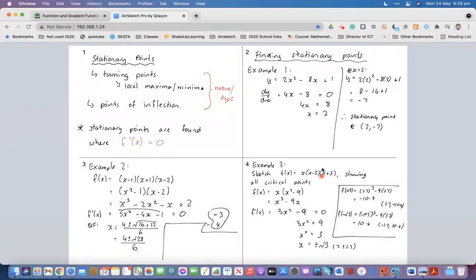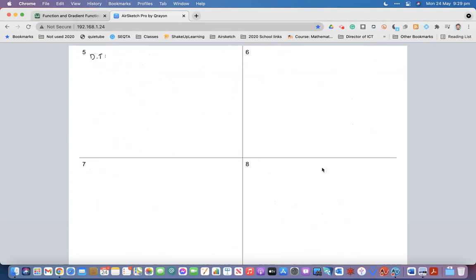So x times x times x is x cubed. So x cubed is positive, which means that when x is a negative value, x cubed will be negative, so it will start here and it will end here. So that gives us the direction of the graph.